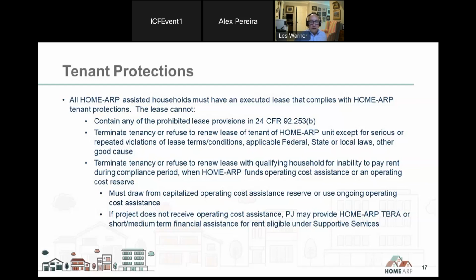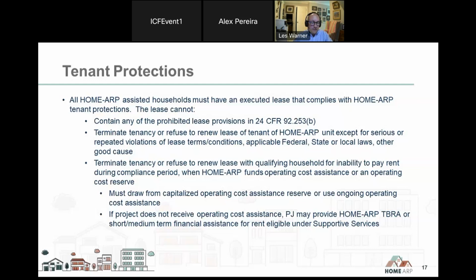Another option would be the PJ itself could have a standard lease that you provided and said, okay, for all of our HOME-ARP units, you're going to need to use this lease. Or really the third option here, which I think a lot of people use, is that they have an addendum that gets attached to whatever lease folks are using.